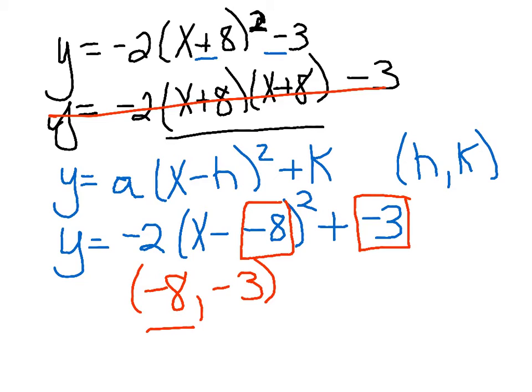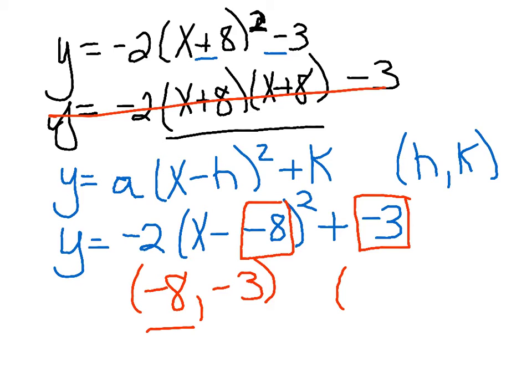Now, if I need to graph that, one of the easiest ways to graph that would be to go ahead and put a number in for x. That would be very easy. So let's stick a -8 in for x. Well, and it already is a -8, so let's go ahead and pick another easy number.